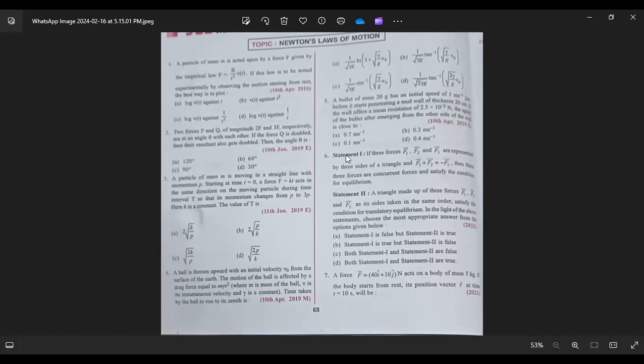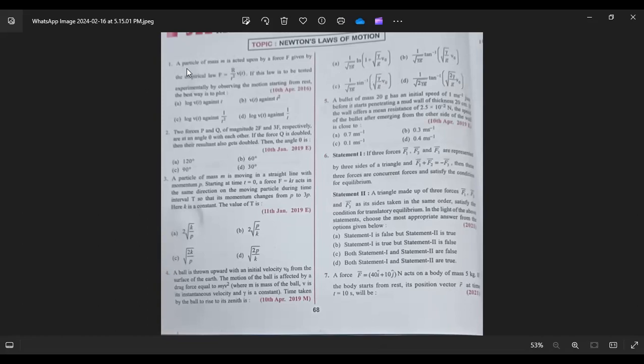Newton's second law: the force is directly proportional to the rate of change of momentum with respect to time. And the third law: every action has a reaction. So you should know the first, second and third laws, and the formulas regarding Newton's laws, and some more formulas.